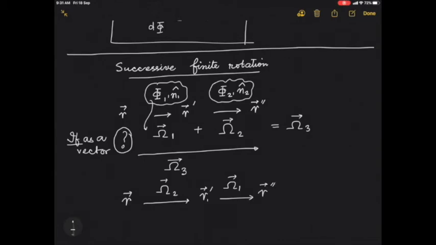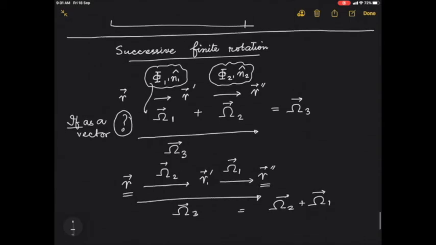But then if I give another rotation, omega 1, I must land at r double prime, because Euler's theorem tells you that omega 3 must equal omega 2 plus omega 1. The single rotation should bring from there to there, and that single rotation should be the combination of the two rotations. So I should be able to write them down this way, because they are vectors, so I should be able to add them.